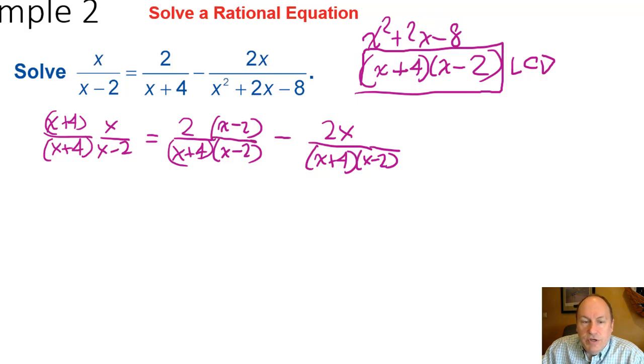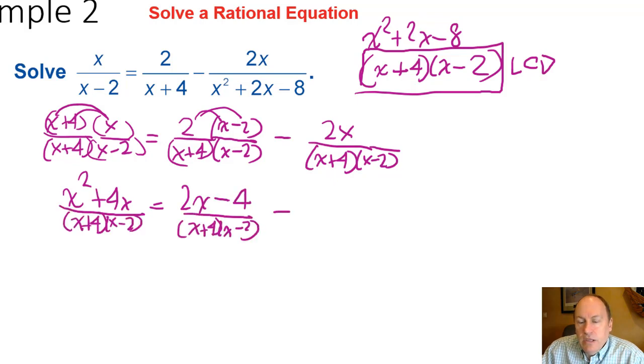Okay, so now let's go ahead and distribute everything out. When we distribute that left-hand side, distributing that x, we get x squared plus 4x. This term, the 2 over x plus 4 term, when we distribute the 2, we get 2x minus 4. And then there's nothing to distribute here. We have the 2x.